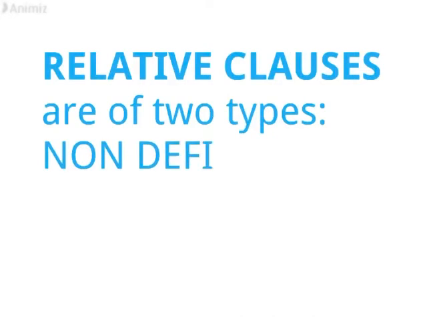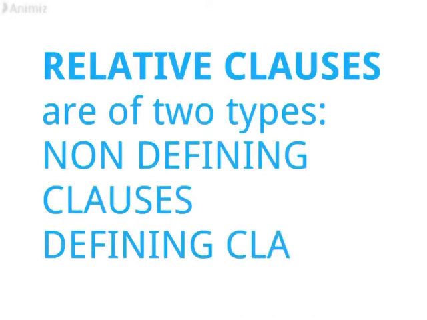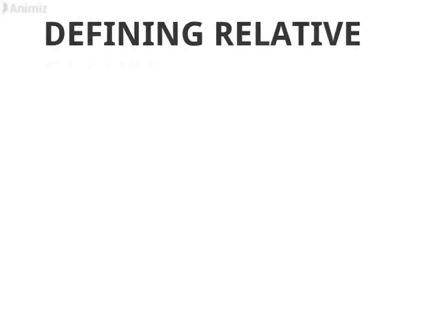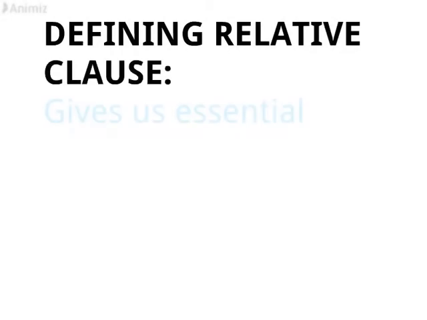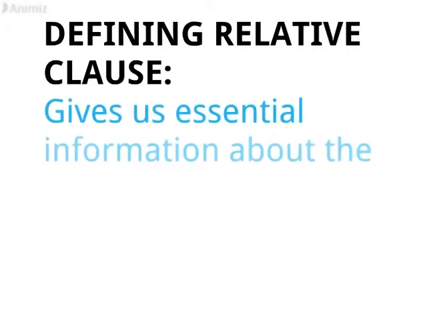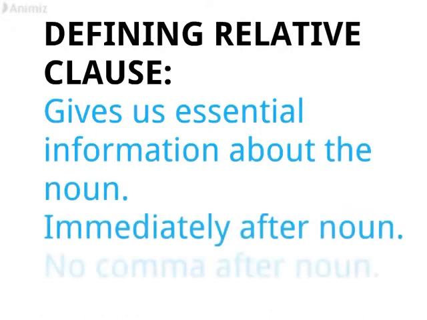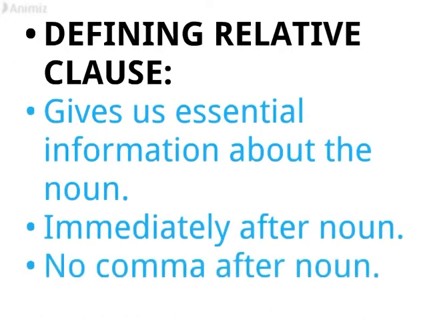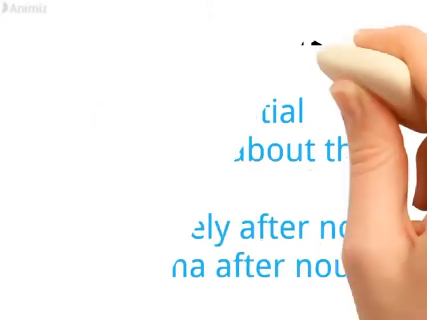The relative clauses or adjective clauses are of two types: non-defining clauses and defining clauses. Defining clauses give us essential information about the noun, come immediately after the noun, and there is no comma after the noun in defining relative clauses.